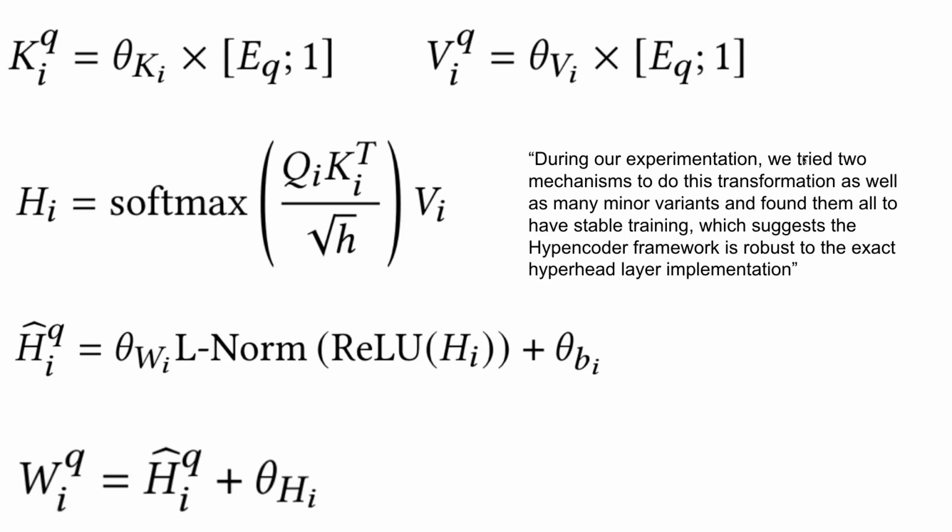During their experimentation, they tried two mechanisms to do this transformation, as well as many minor variants, and found them all to have stable training, which suggests the Hypencoder framework is robust to the exact hyperhead layer implementation.